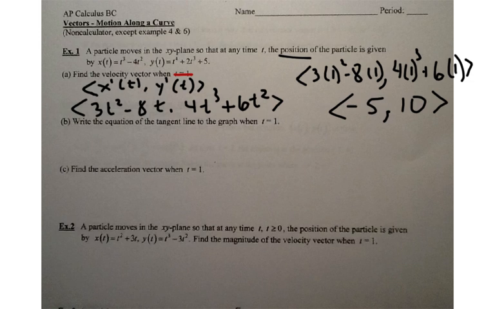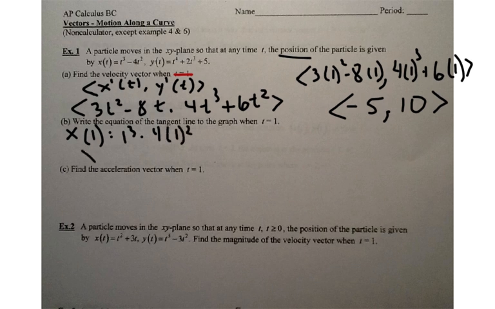1b says, write the equation of the tangent line to the graph when t equals 1. Okay, in order to write a tangent line equation, we're going to use point-slope form. We're going to need a point, and we're going to need a slope. If we know the time is 1, to get the point, we can say x of 1 equals 1 cubed minus 4 times 1 squared.